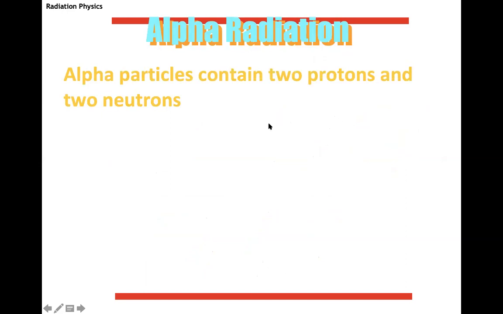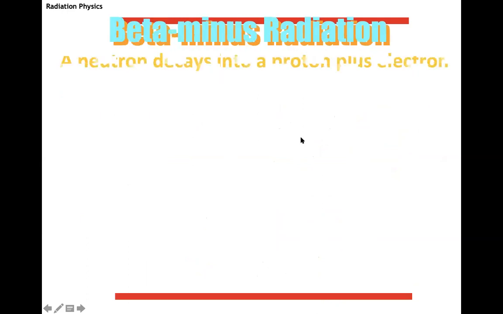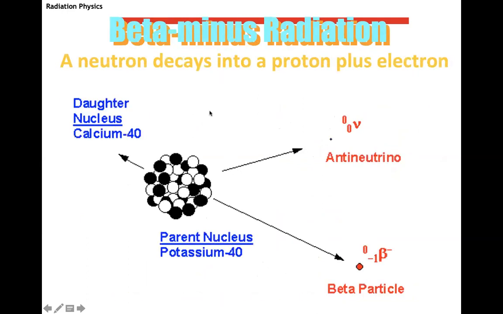Now, alpha particles, we have already discussed this decay. This is now the beta decay, where you see, for example, potassium-40. Potassium-40 decays with the emission of an electron, which is called beta.